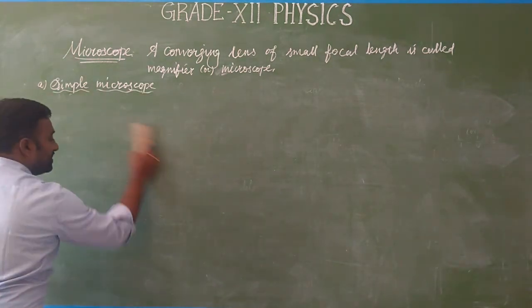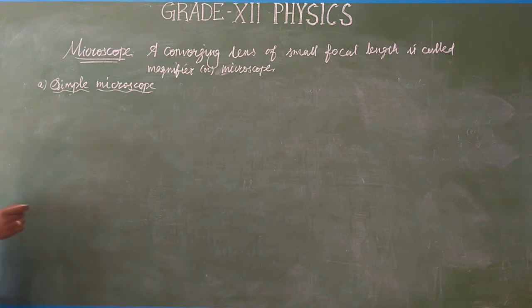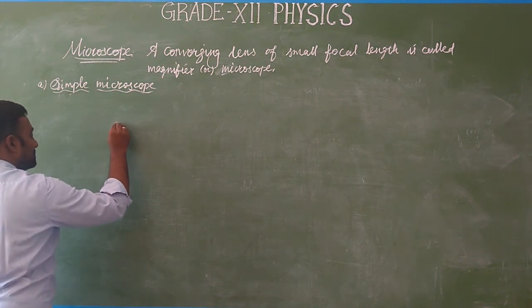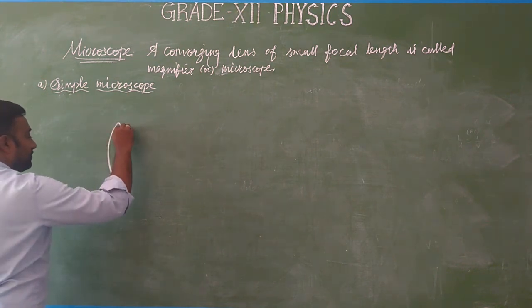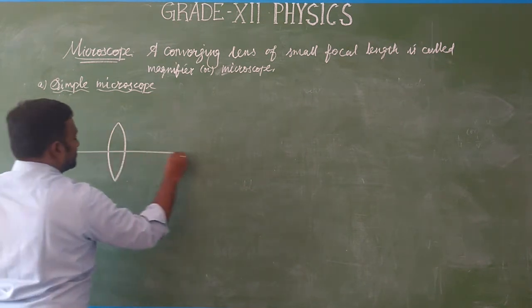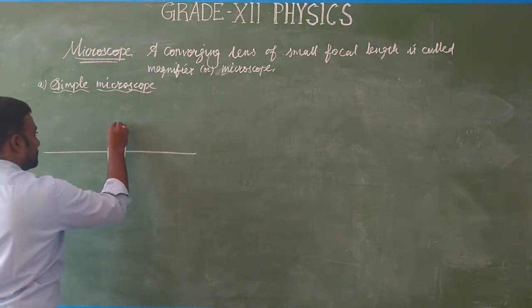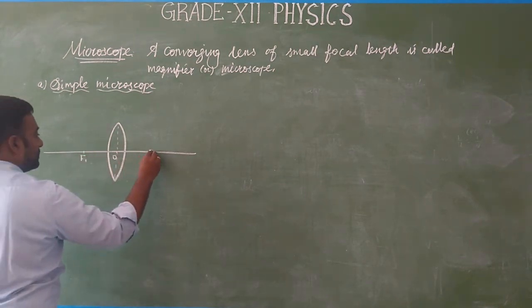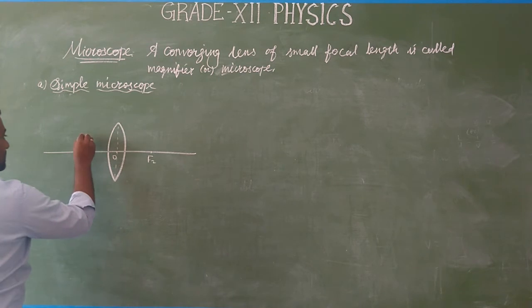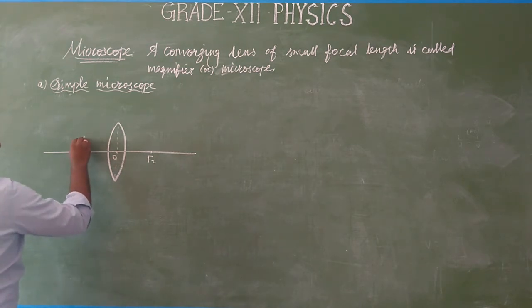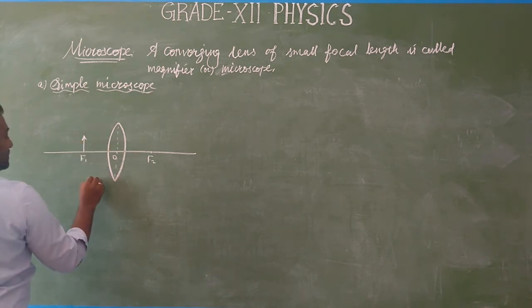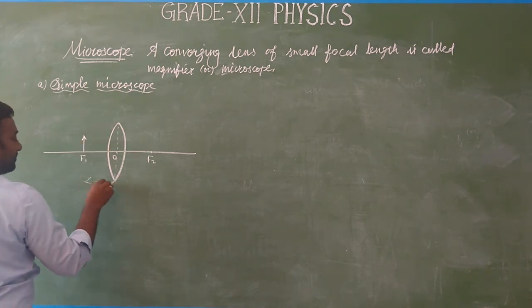For that, first we'll draw a ray diagram, because at 25 centimeters the eye may feel strained. To avoid straining the eye, the object must be placed exactly at the focal length. This is the optic center, aperture, the first focal length and the second side focal length, and the object is placed exactly at the principal focus, the first focal length, f1.